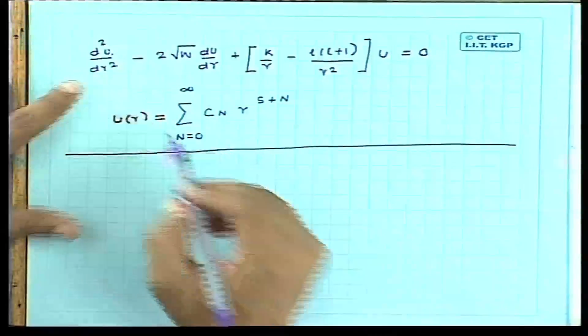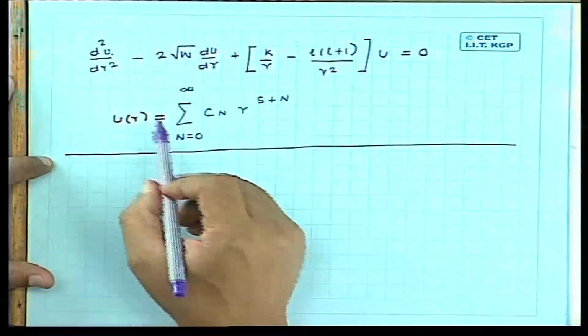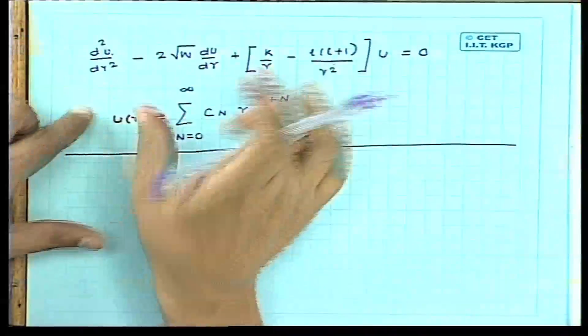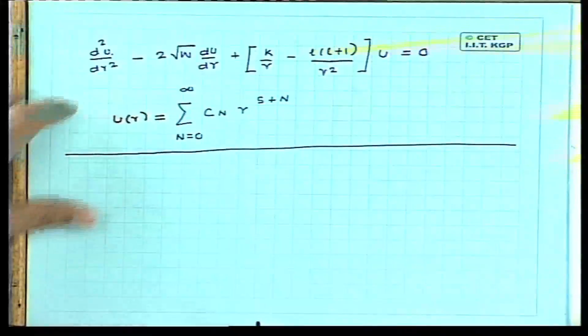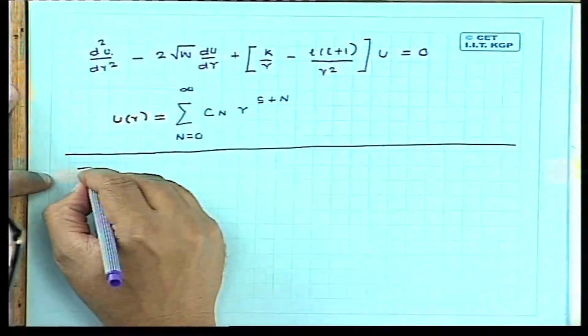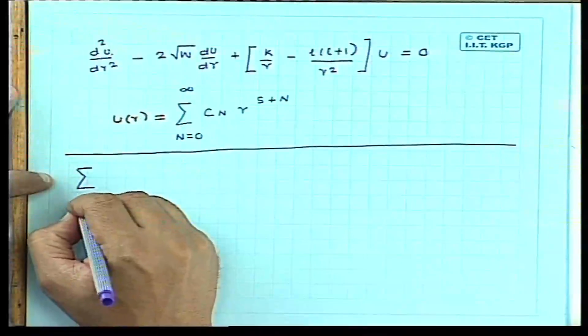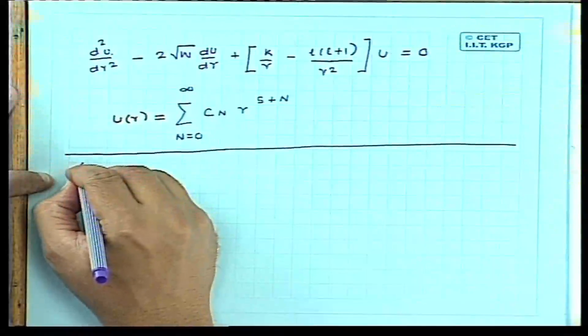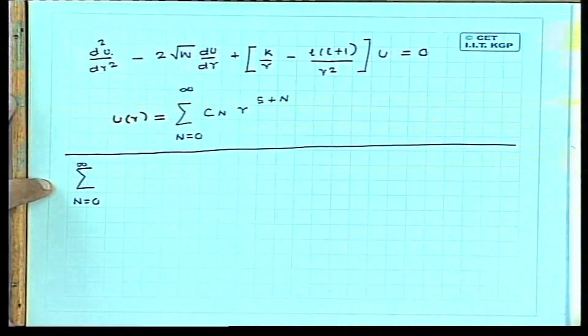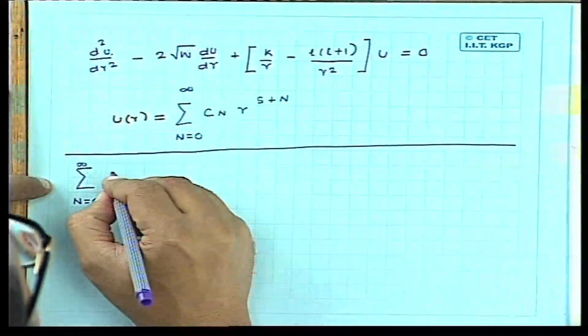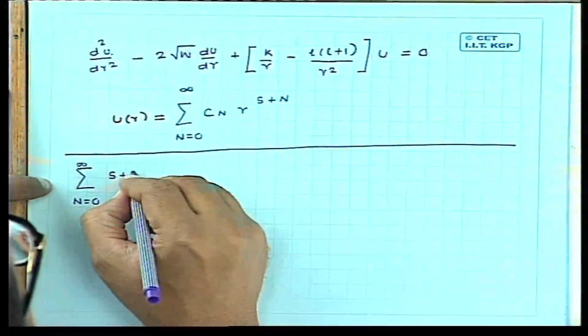So we can combine these terms and write the whole thing together. We have one sum, n going from 0 to infinity.